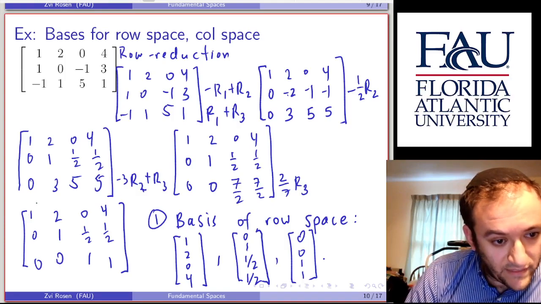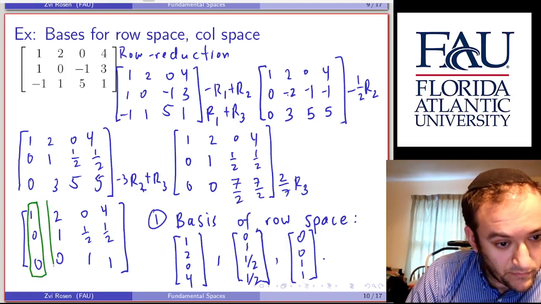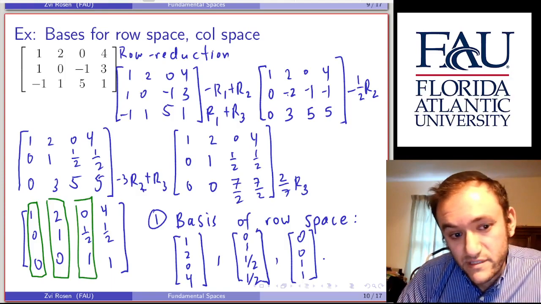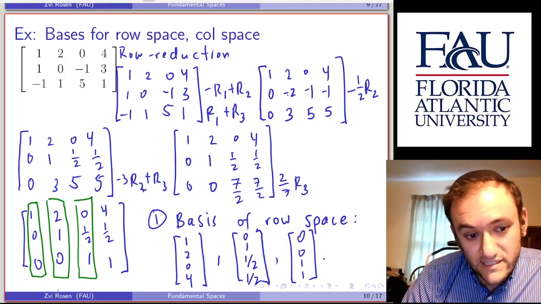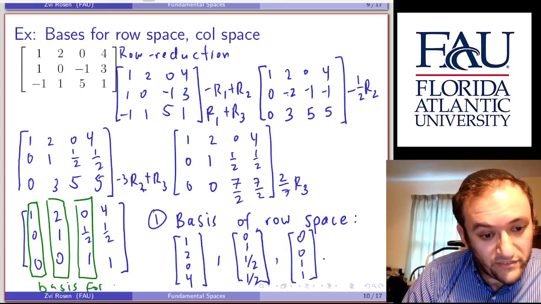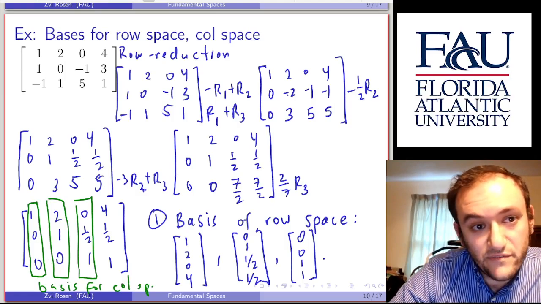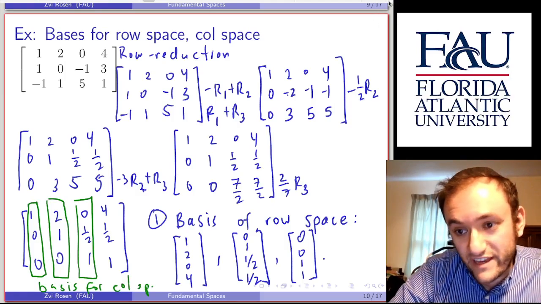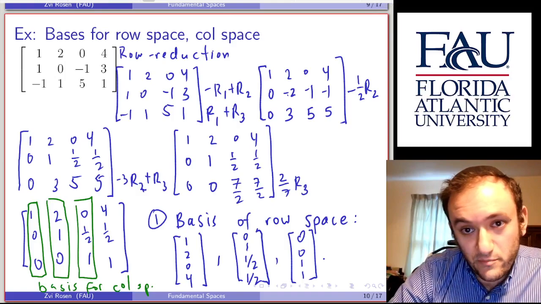As for the column space, we look at the columns corresponding to the leading ones in each row. So these three columns will give us the basis for the column space. But we have to be careful. We're not taking these specific vectors. We're taking the original vectors in the original matrix.